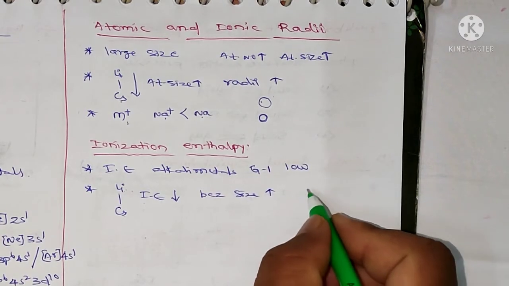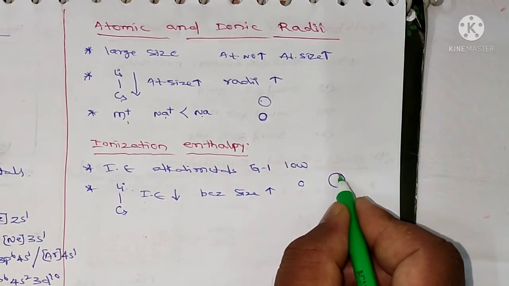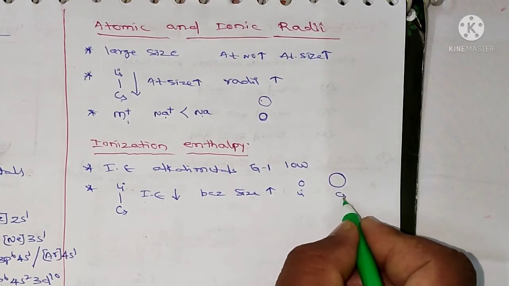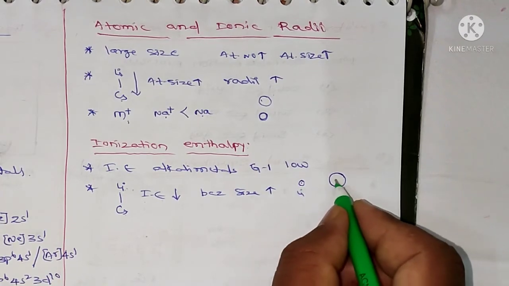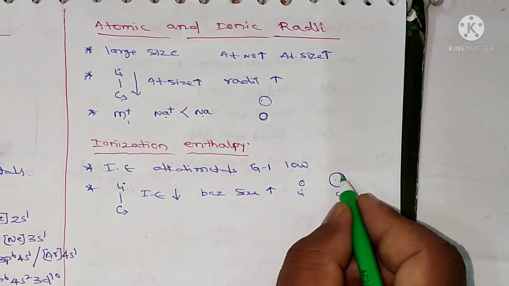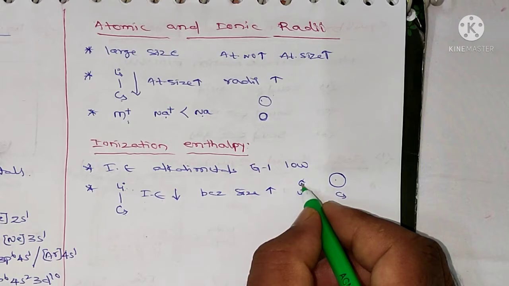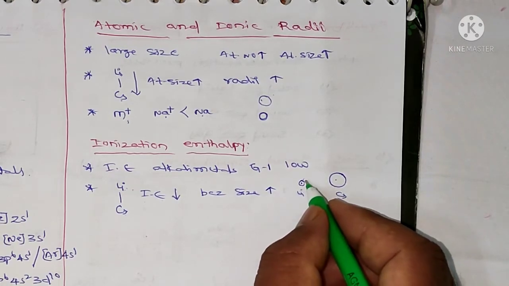For example, this is the lithium size and this is the cesium size. Here the center part is called the nucleus and this one is the outermost orbital. There is more attraction between the electron present in the outermost orbital and the nucleus. In the nucleus we have positive charges of protons, so there is an attraction between the positive charge of the proton and the negative charge of the electron.